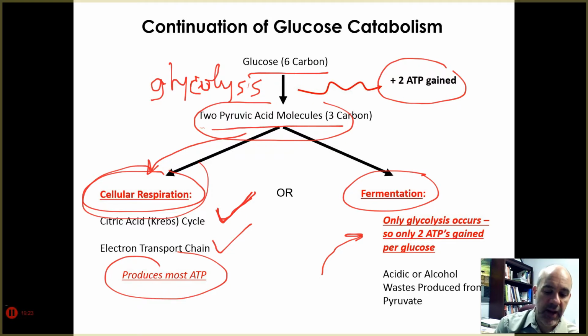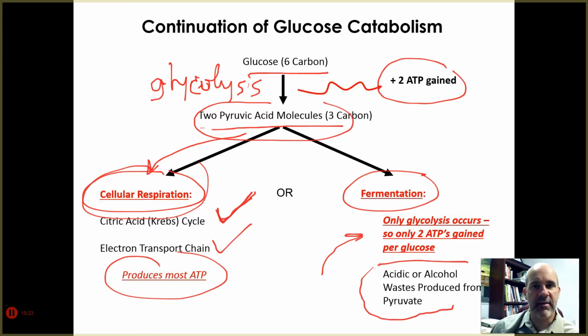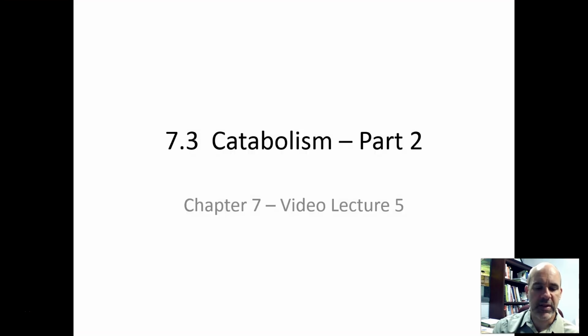And instead, what happens is fermentation leads to the production of acids and alcohols or gases as waste products, and those come from the pyruvates or pyruvic acids. Pyruvate and pyruvic acid are interchangeable terms for our purposes. These guys get converted into acids or alcohols and or gaseous wastes as part of the fermentation process, and we'll talk quite a bit more of that when we have a separate lecture on fermentation.